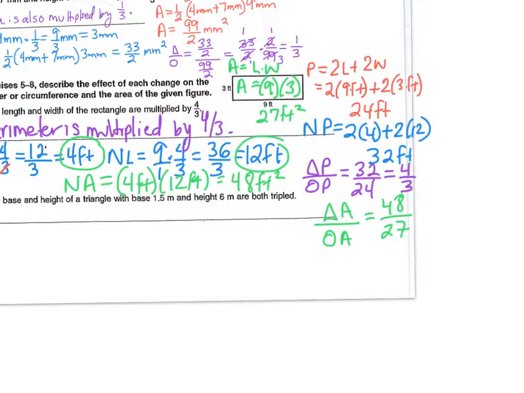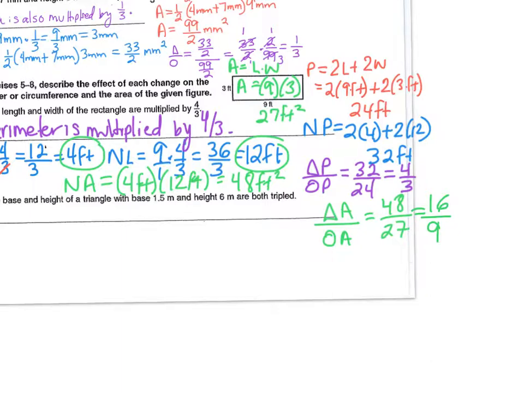Something is wrong here. By 3? 3 into 48 is what? 16. And 3 into 27? 9. Can you reduce that a little more? No. Okay, so it's 16 over 9.